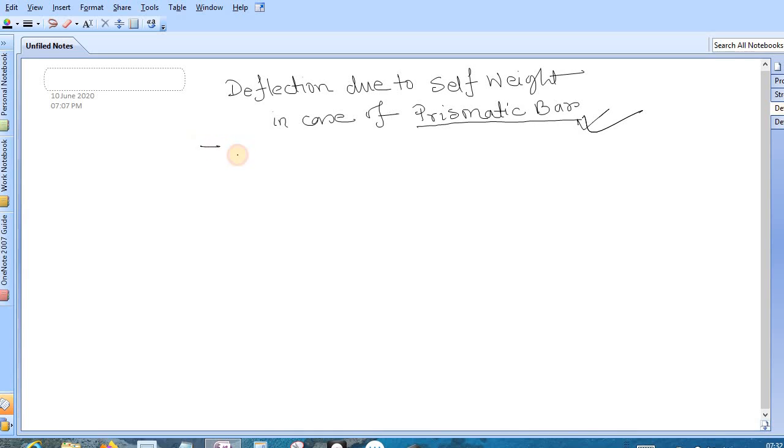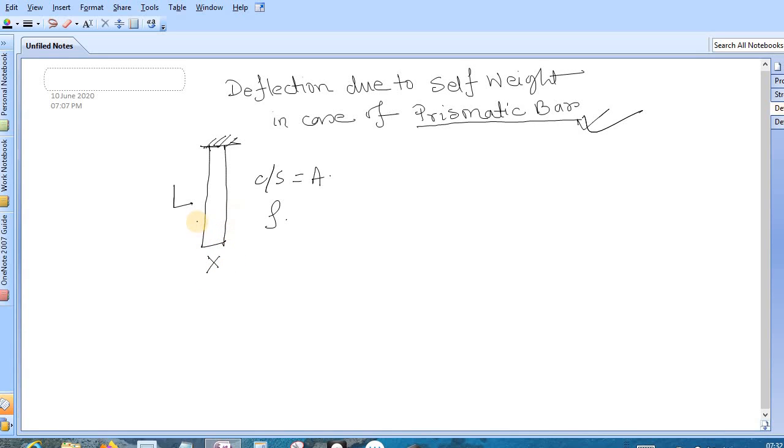Let's consider a prismatic bar, let's say this one. This is the prismatic bar of length L, and cross section is A throughout, and the density of the material is rho. Now you have to find the deflection due to self weight. There is no external load.